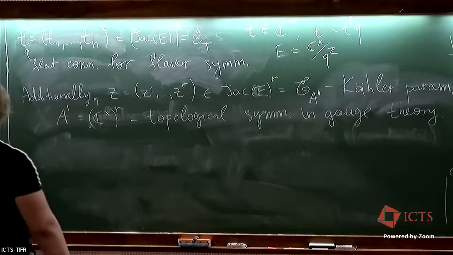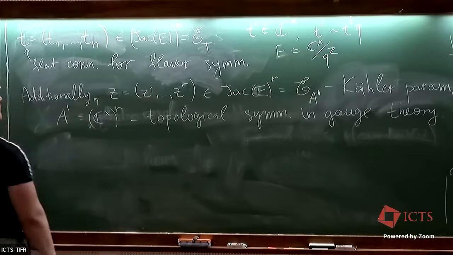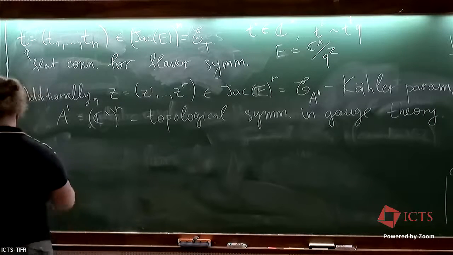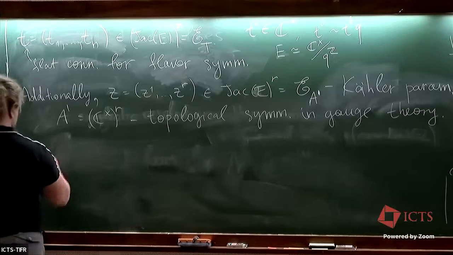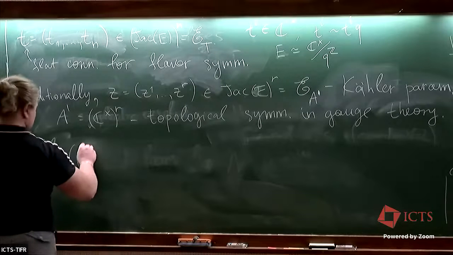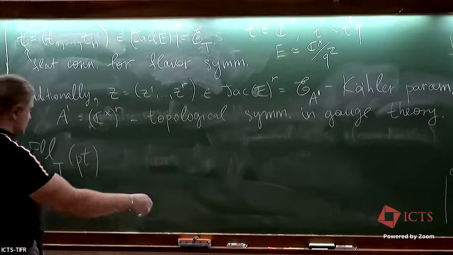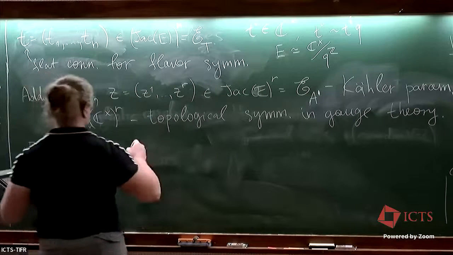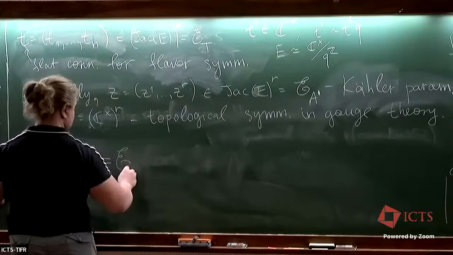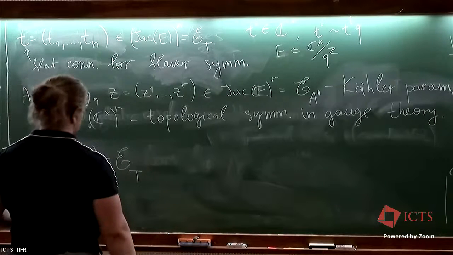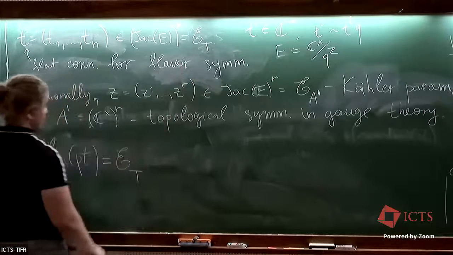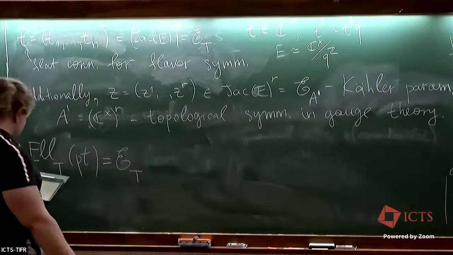So let me already say that the elliptic equivariant cohomology of a point, as was mentioned in the previous talk, is precisely this, by definition, this abelian variety, the torus of flat T connections.